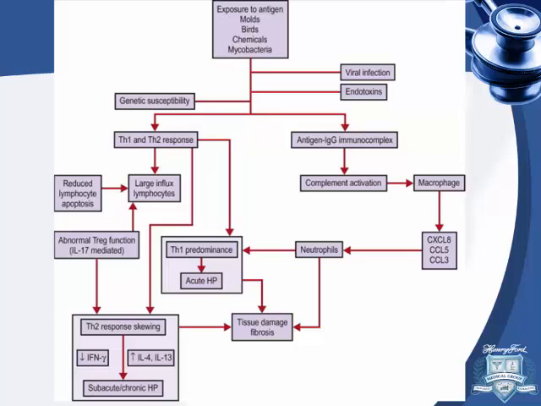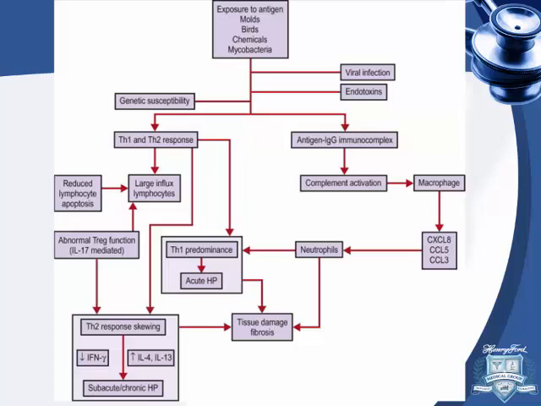You also will have IgG and antigen immunocomplex formation that activates complement cascades and macrophages, releasing chemoattractants, and the neutrophils will release enzymes that can cause tissue damage as well.